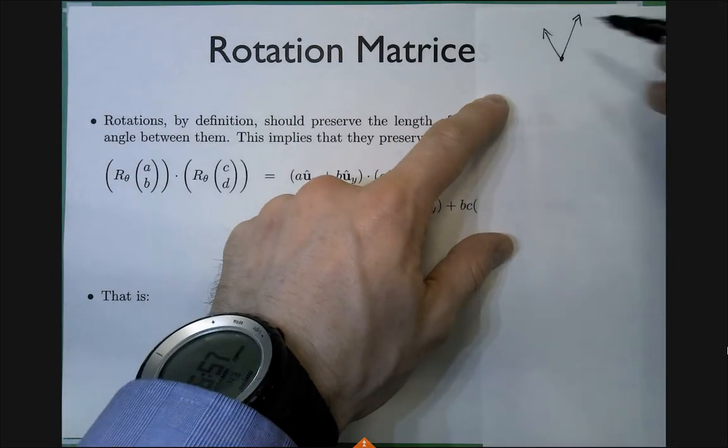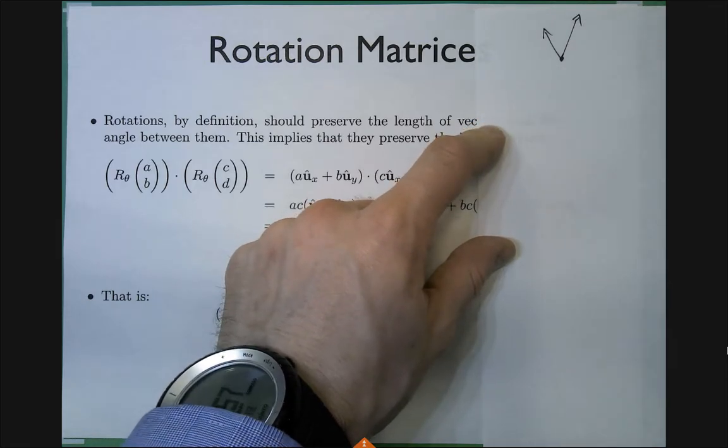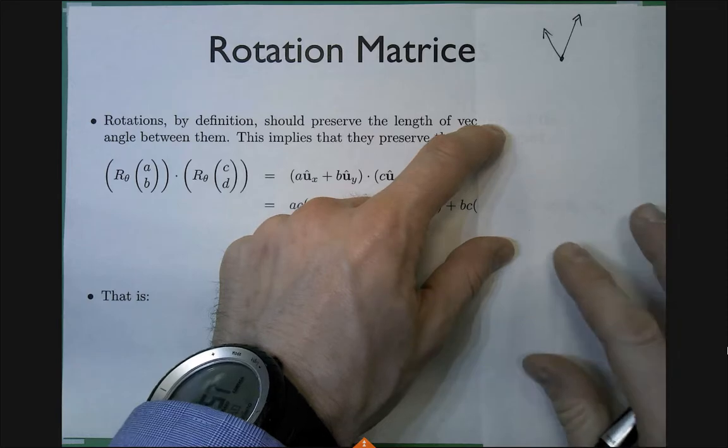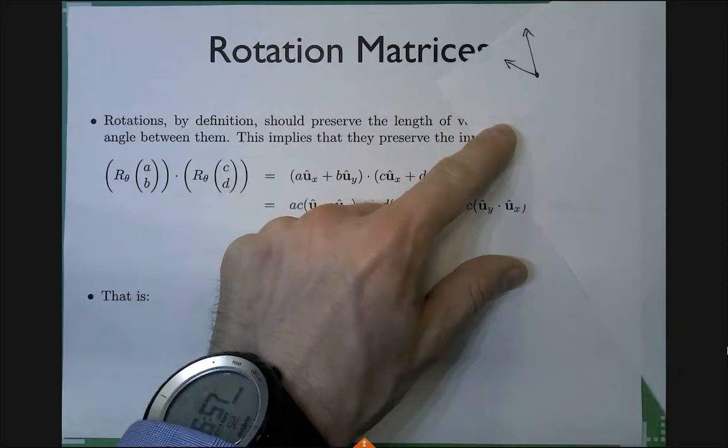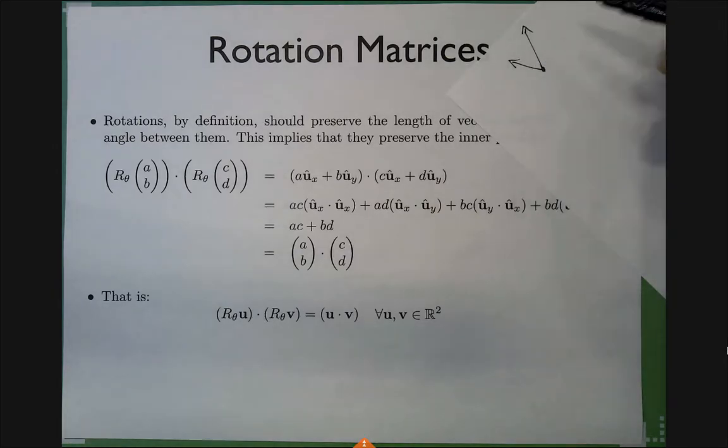And you know how to compute the angle between them, right? Using the dot product. You must know that. The thing is that if I rotate this entire thing, if I apply some rotation matrix and compute the angle again, I must get the same angle. So that means rotations preserve angles, okay?